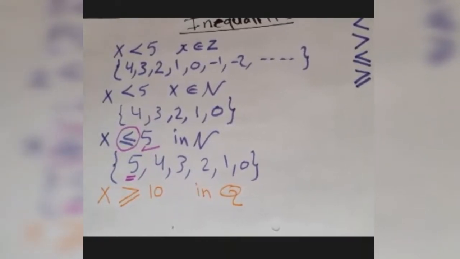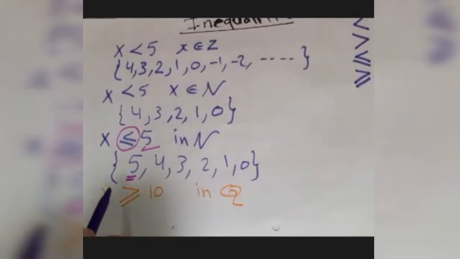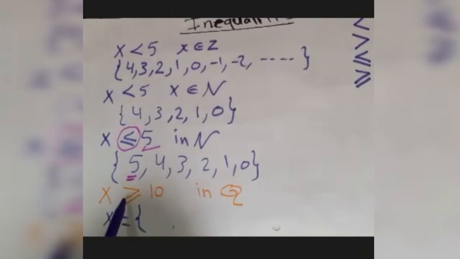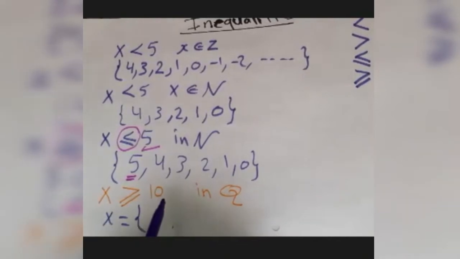So here we can't write the numbers. Why? If we write 10, 11, 12, we have infinite numbers between 10 and 11, infinite numbers between 11 and 12, and so on. We have fractions and decimals between any two consecutive numbers.